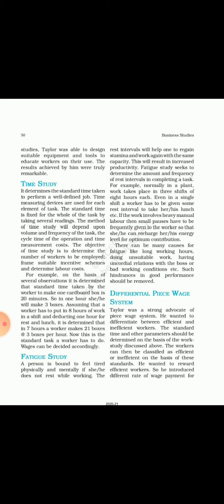And if anyone produces only 8 units, give him a lower rate, 40 rupees. By this system, Taylor says the manager will motivate the inefficient worker to make himself an efficient worker.